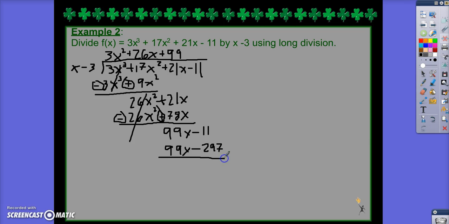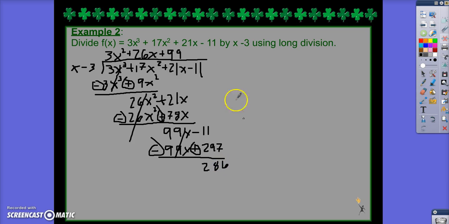Draw your line. Change my signs. It's negative now. This is a positive. And circle them. This goes away. Negative 11 plus 297 is 286.